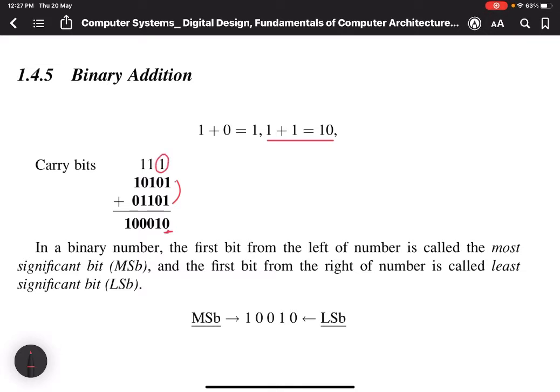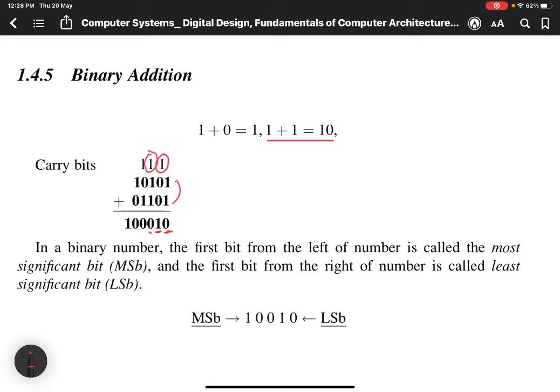Okay, so 0 plus 0 is 0, plus the carry over, then we put 1. Okay, so again, for the next digits, 1 plus 1, then our answer is 10. So we put the 0 here, the last digit, and the first digit, which is 1, we carry over.